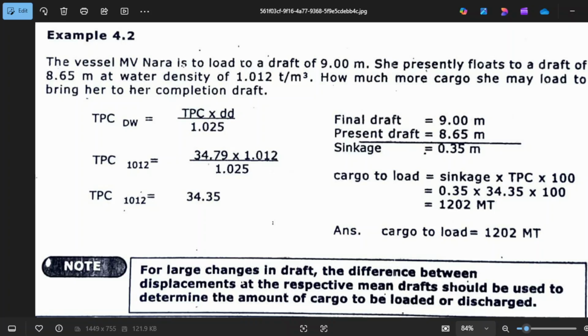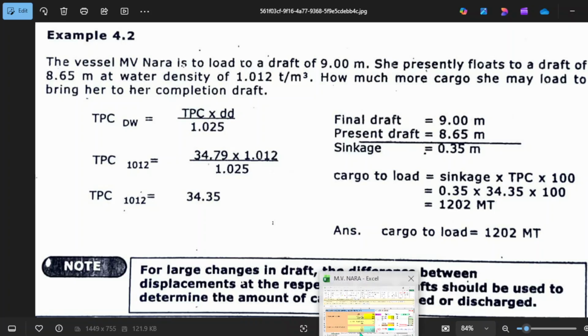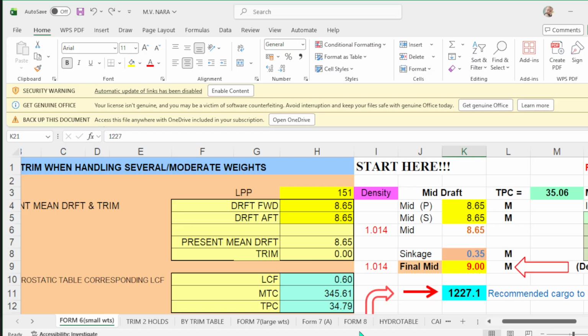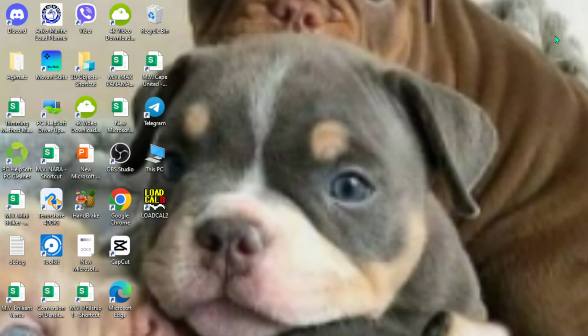Let's take that for example. Let me see. I think it will be better like this.